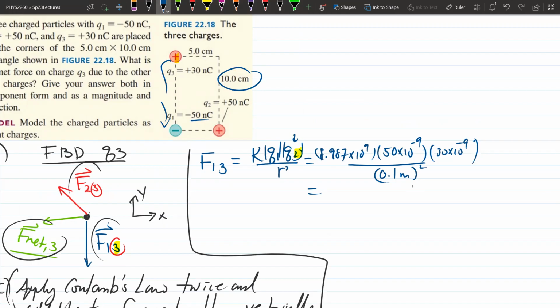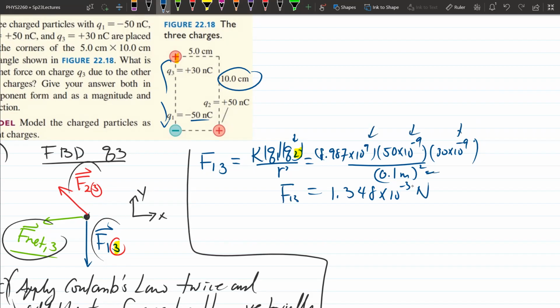So that's going to be equal to, let's see if I can do the calculator thing again, times 30 e to the -9, all divided by 0.1 squared. Okay, so I got a force of 1.348 times 10 to the -3 here.